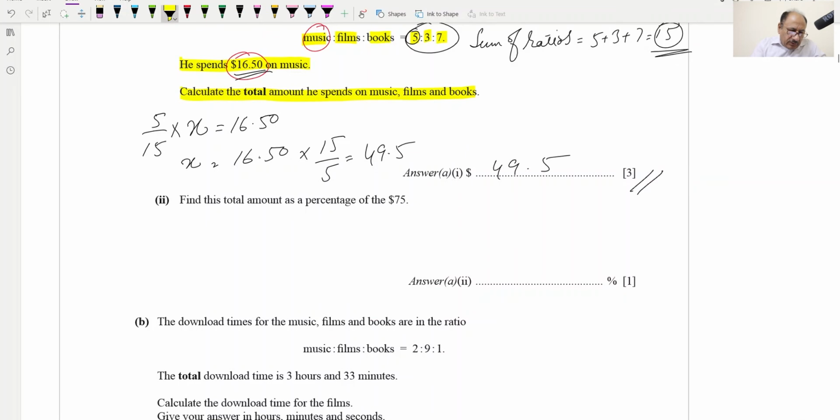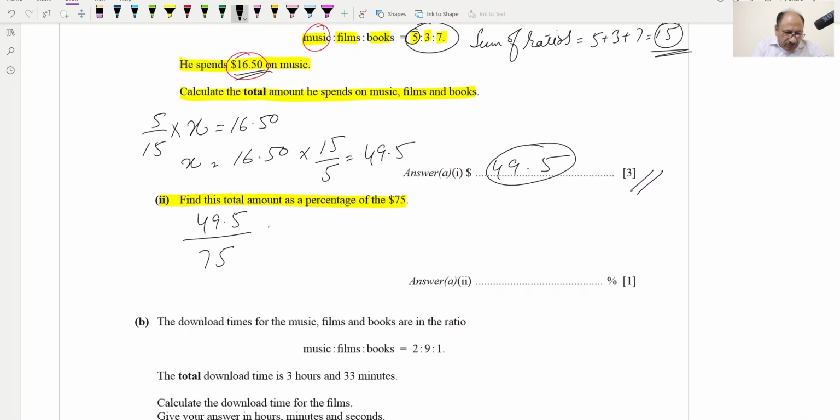Then the second part: find this total amount as a percentage of $75. So the percentage we need to calculate is $49.5, which we calculated over here, as a percentage of 75.